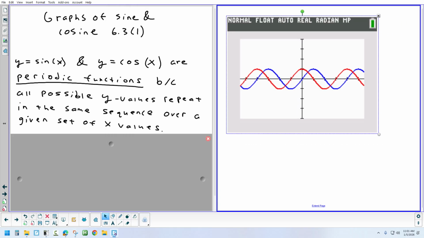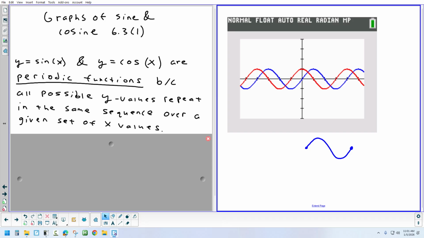What I'm going to do is take what we call one section of that blue graph and trace it. It starts here, goes up, goes down, and ends right there. Let's take that section and look at it. What do we have right there?